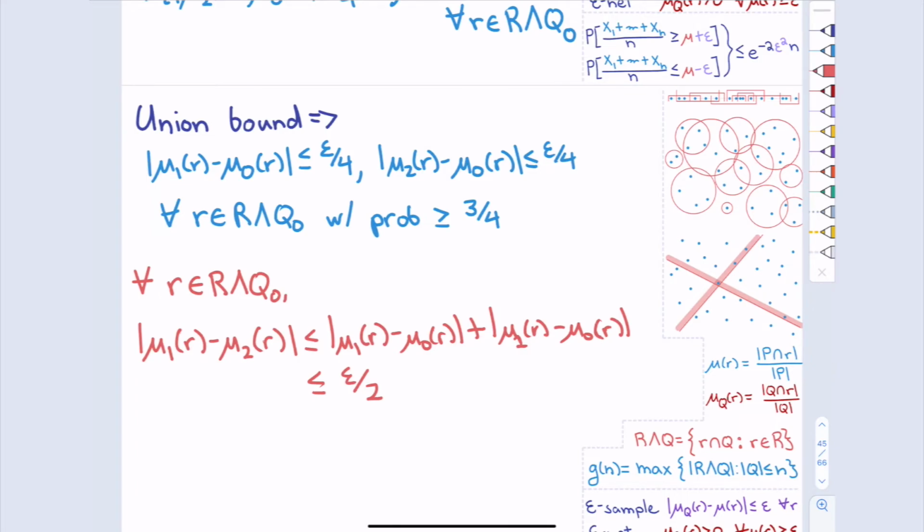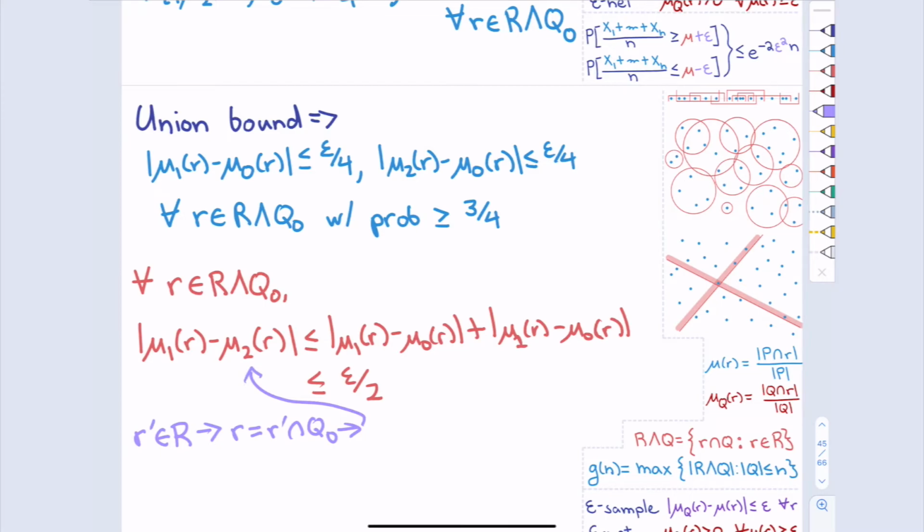Great. Now we are interested in all the ranges in the original set. But I can start with some range, say R prime, in my original range space. I want to show that this is good. Then I can look at R, which is the intersection with the initial point set, and then I can apply this argument to it.